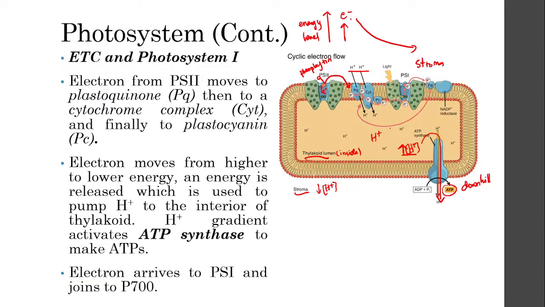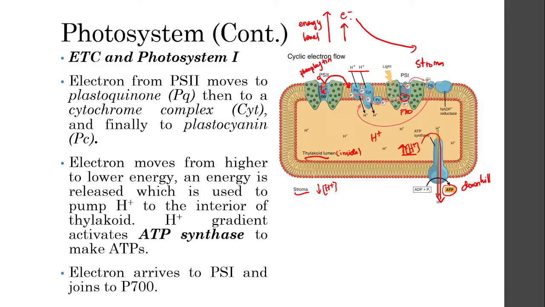And then lastly, after that, plastocyanin will transfer this electron to the reaction center of PS1, or our P700. So the electron arrives at PS1 and joins the P700, because the P700 is again missing its electron because it donated that electron. It's similar to our discussion earlier of PS2.